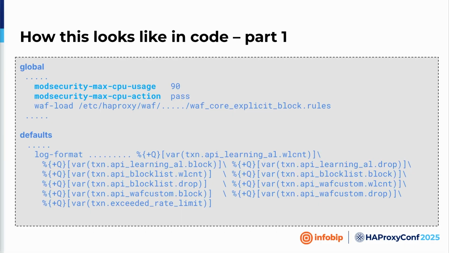So here is how this looks in the code. We first defined that circuit breaker, and we put that limit, and the action is to pass through. We load our block rules, and we extended the log format with new WAF variables.